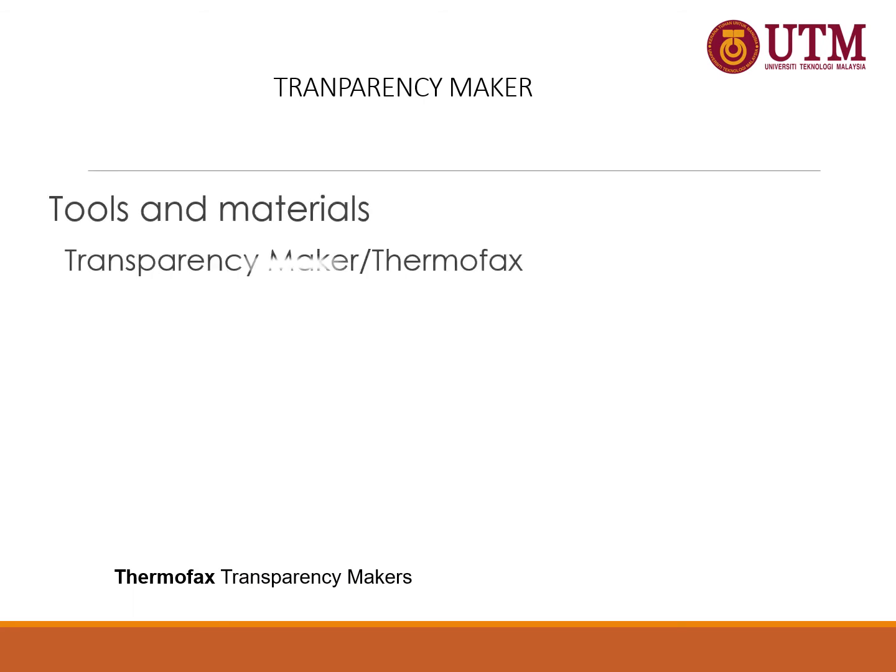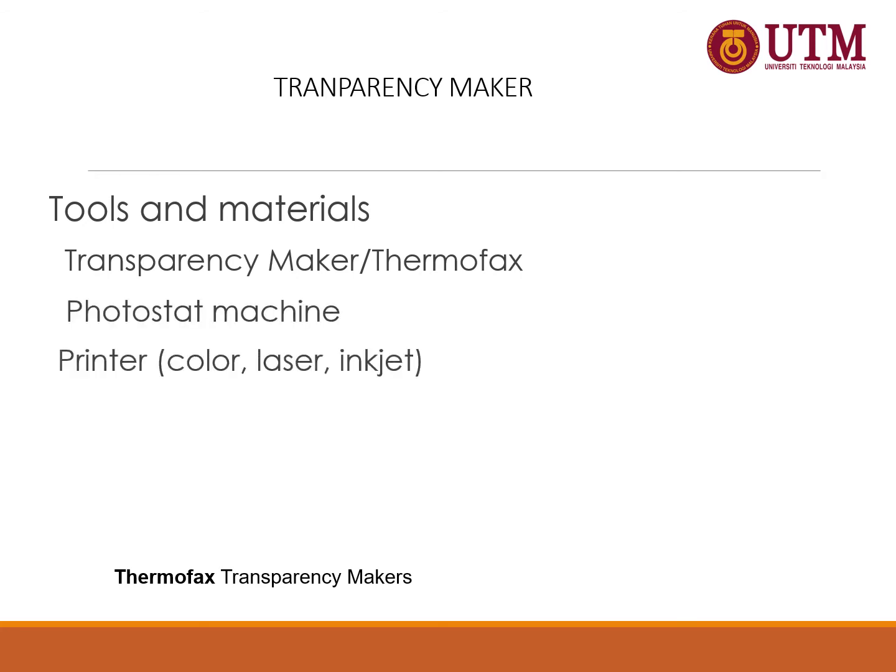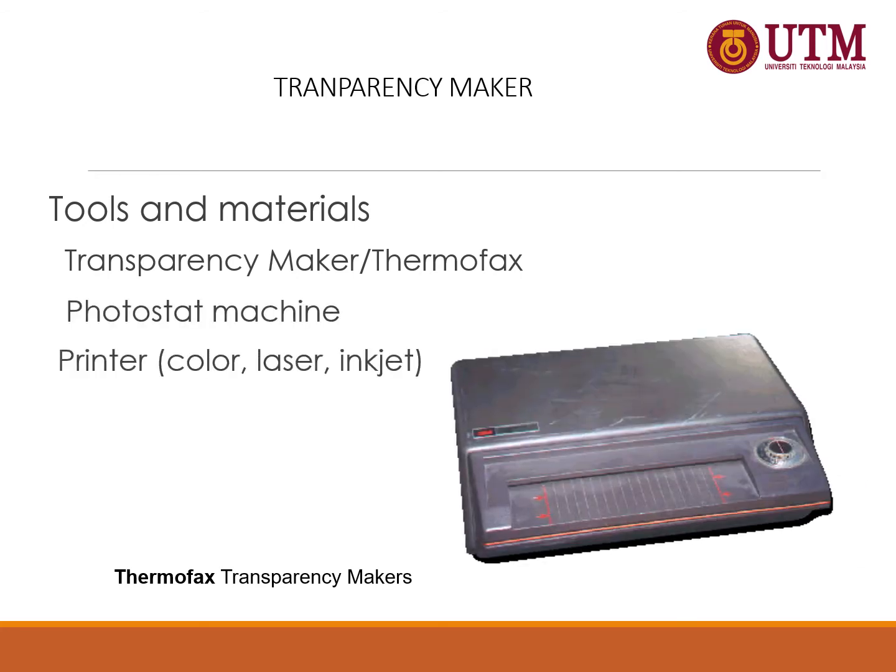And to make this a transparency, there's a transparency maker, and it's actually like a thermofax and a photostat machine. It's like a printer, and there is actually color, laser, and black, but only for transparency.